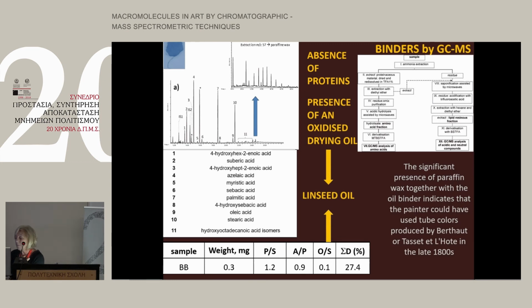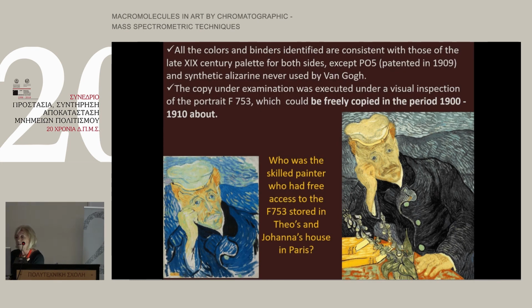So we have different indications to understand if this painting is made by Van Gogh or not. But my feeling up to now is that this was not painted by Van Gogh, because I found a synthetic alizarin, which had never been used by him, and then the presence of PO5, I think it was too early for him to use this kind of colorants.